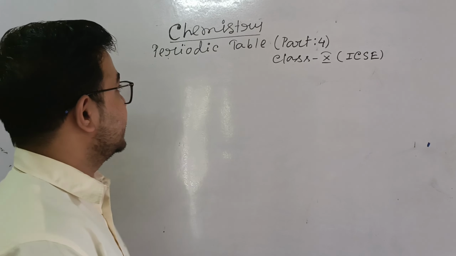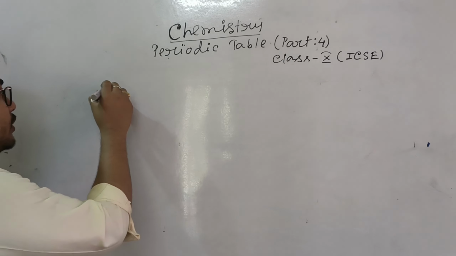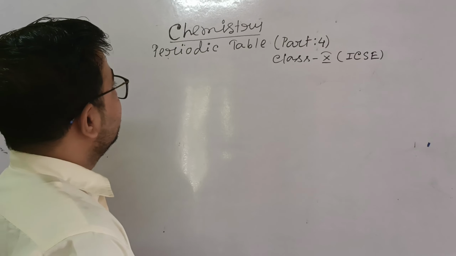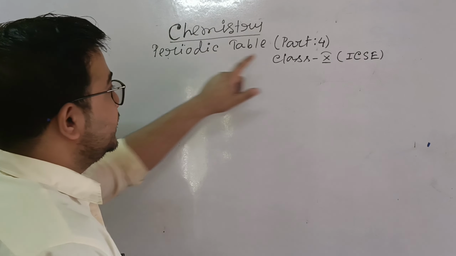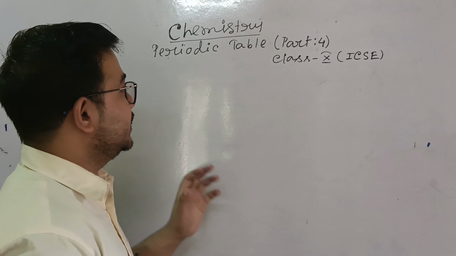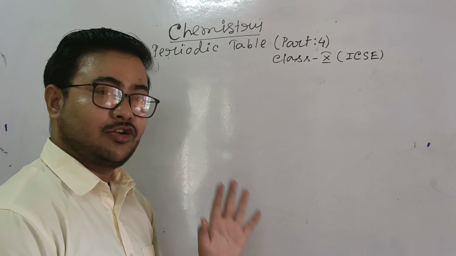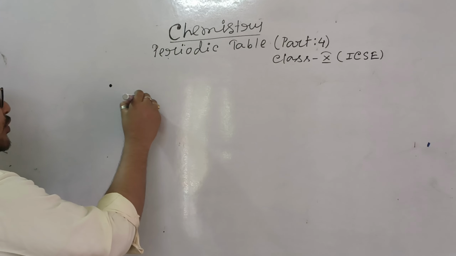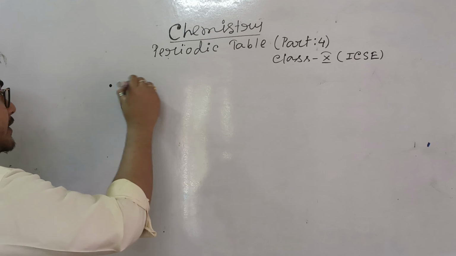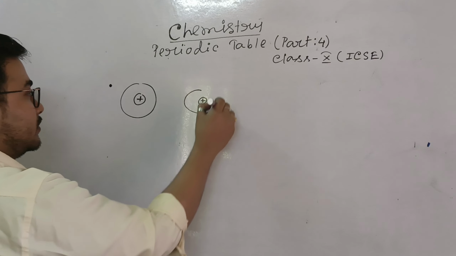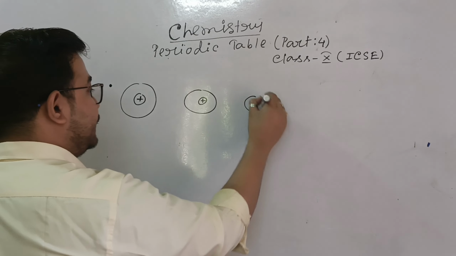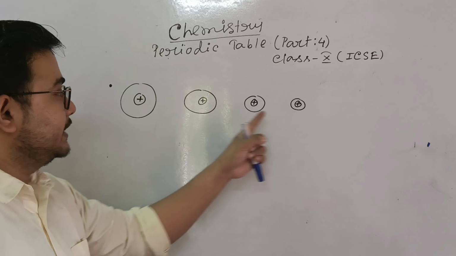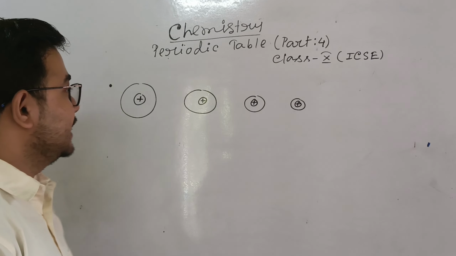Now, a few more concepts related to atomic radius. If you have prepared the part 3 video, then you will easily understand atomic radius. In part 3 I already discussed that as we move left to right, atomic radius decreases, and it is also clear from this diagram.